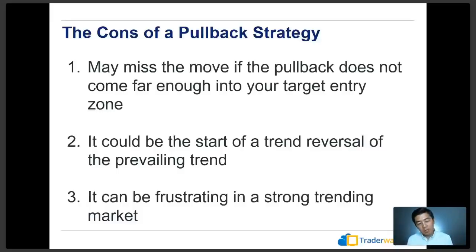So these are the things you have to be mentally prepared for if you are just going to be using a pullback strategy. Especially in a strong trending market, it could be very frustrating because you just can't seem to find anywhere to get into a pullback trade because it keeps on going higher and higher and higher. So that's the downside of a pullback strategy.